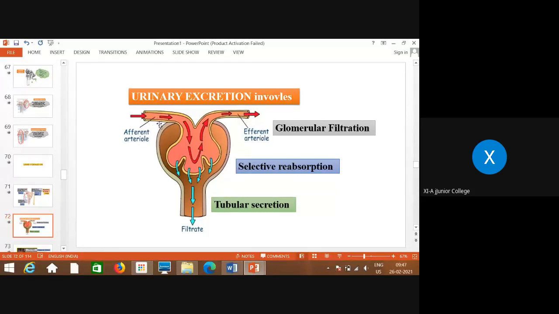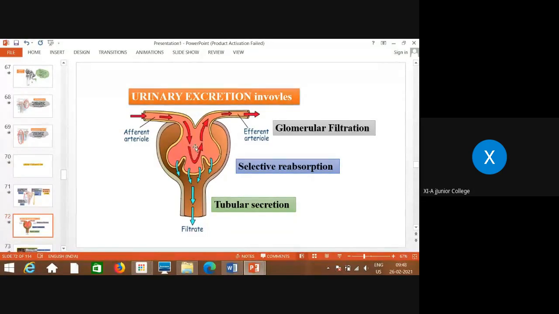I told you this while explaining the structure of Bowman's capsule. You know why? The reason behind it is the difference between the afferent arteriole, which is entering the Bowman's capsule, and the efferent arteriole, which is leaving it. The afferent arteriole has a greater diameter than the efferent arteriole.